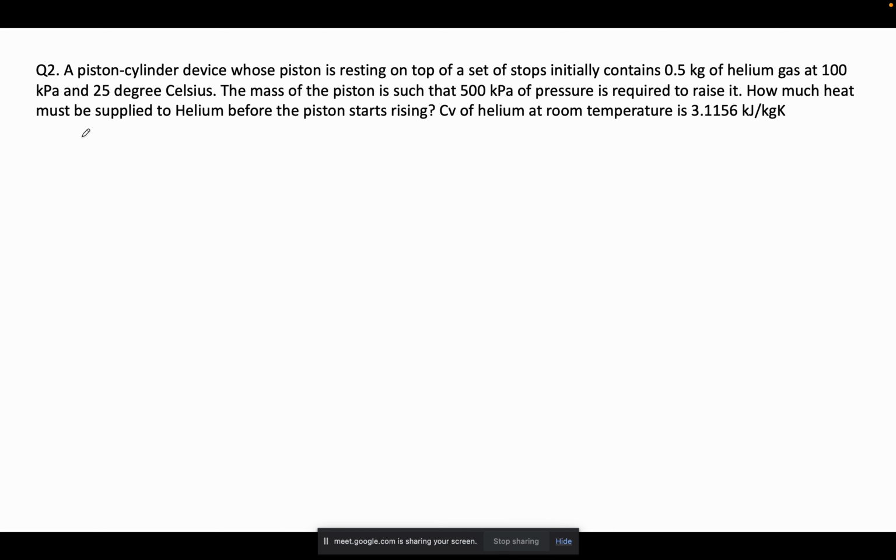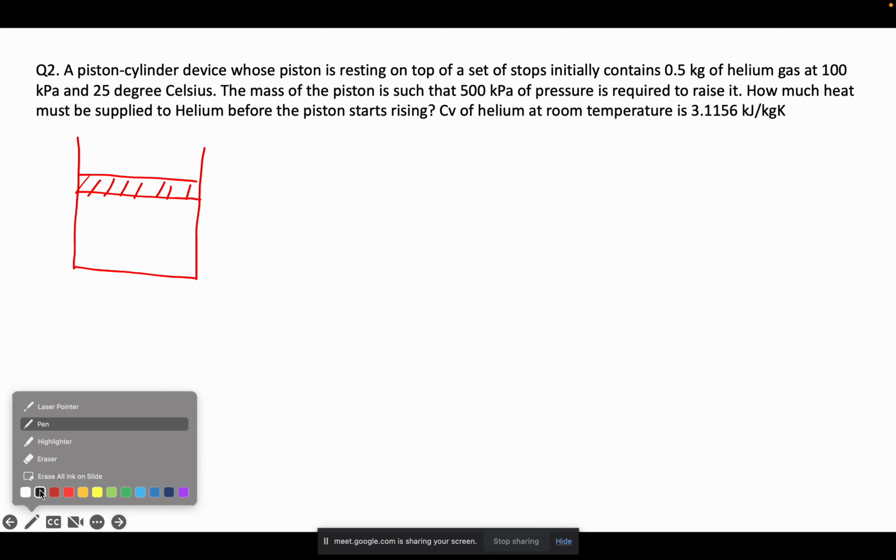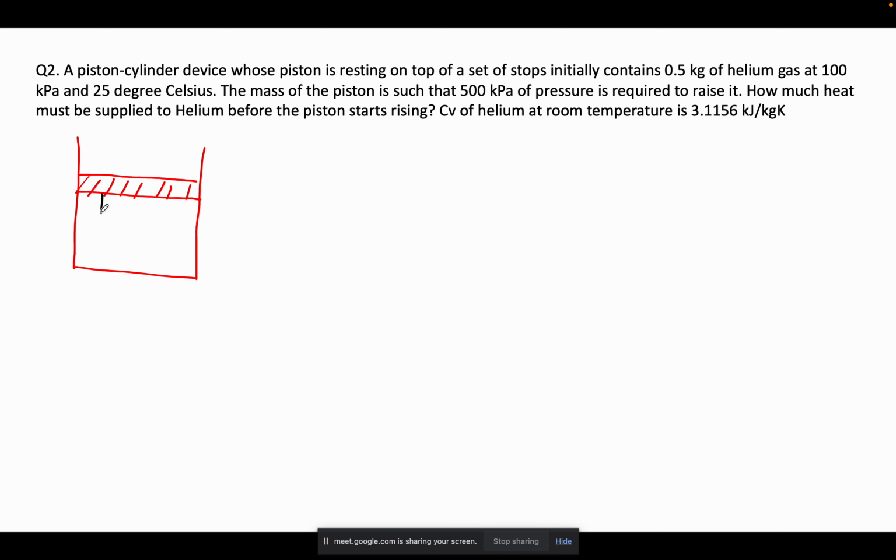Fine. So what is the condition? Suppose this is a piston. This piston is basically resting on some stoppers. This is one stopper, and this is another stopper.